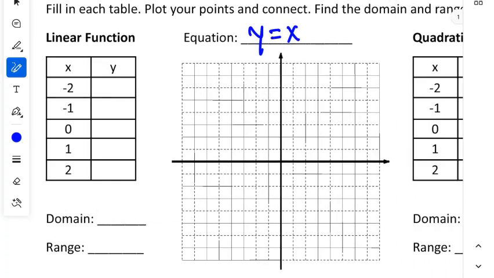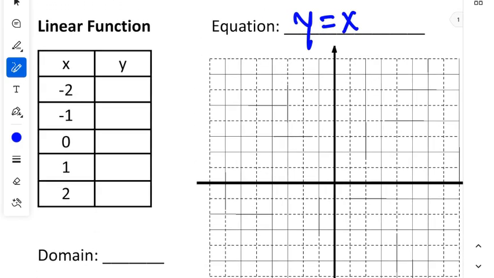All right, so let's go in. And we are going to graph this and find domain and range. All right, so if y equals x, let's make a table. Y and x are the same. So this is -2. Y and x are the exact same. That makes this easy.